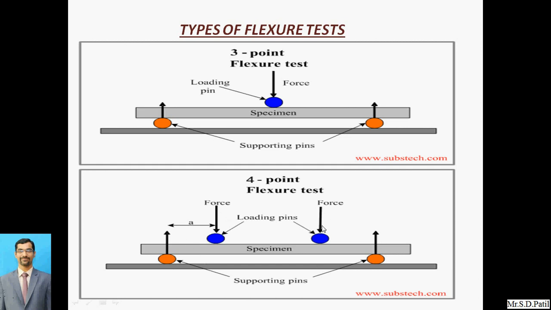The forces are applied at these points, which are the loading pins, at a distance A. Here it is exactly at the center, and that's why it is called a 4-point flexural test, because 4 points are generated. This is the first, second, third, and this is the fourth.